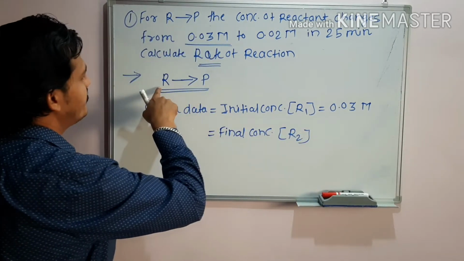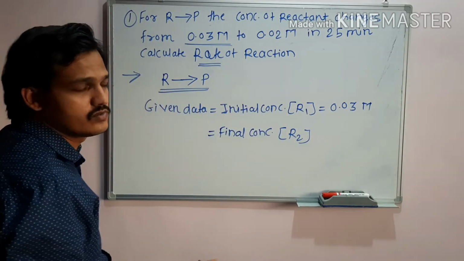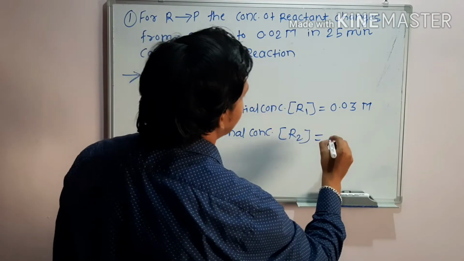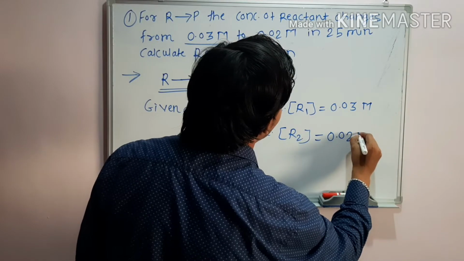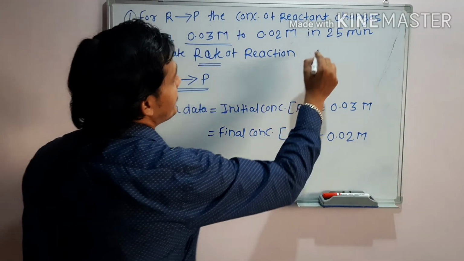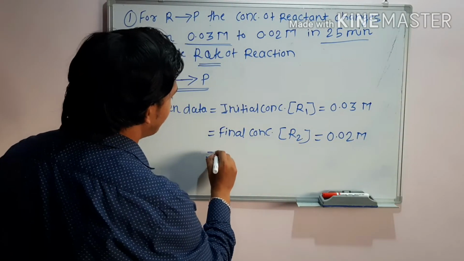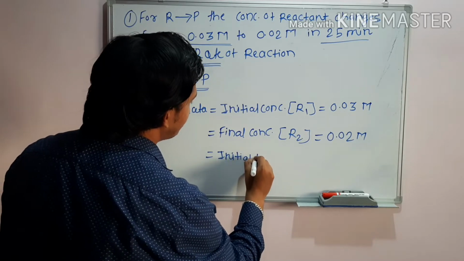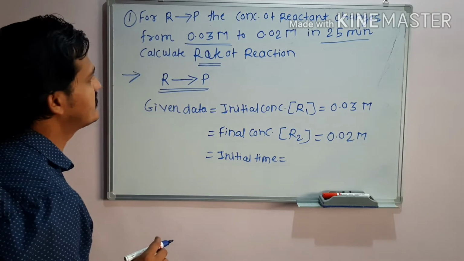If it is B, then B1, B2. If it is X, then X1, X2. In that way, the final concentration is given by 0.02 molar. Now, in 25 minutes, there it is a time. So I want to write the initial time. What is the initial time in the given equation?